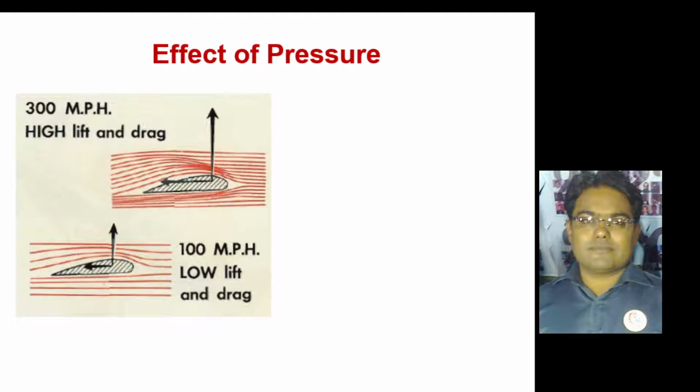So the magnitude of lift generation basically depends on the pressure difference between top and bottom surface. So as velocity is higher, particularly when your airfoil is traveling at 300 miles per hour, you will have a larger magnitude of lift, and if it is traveling at lower velocity, say 100 miles per hour, you will have a lower lift.